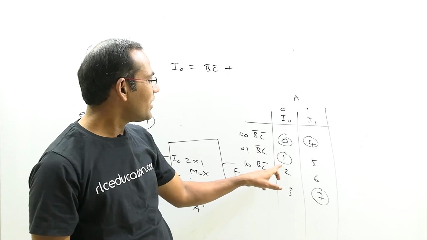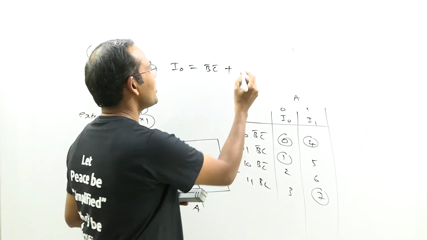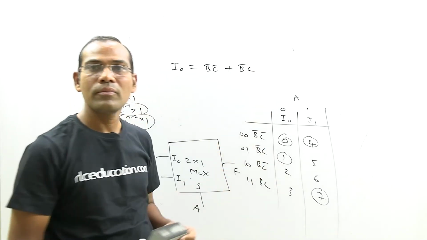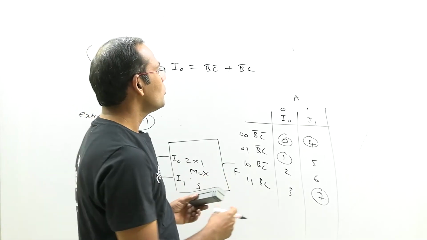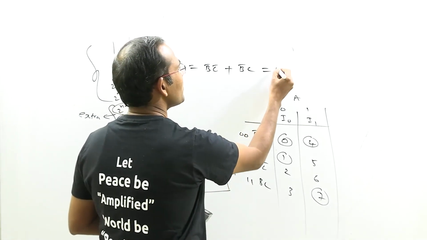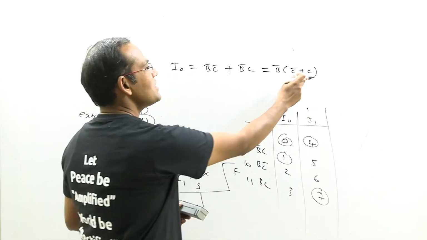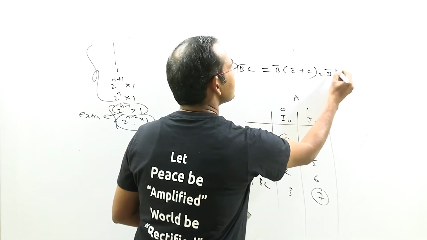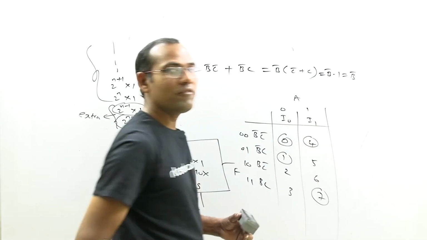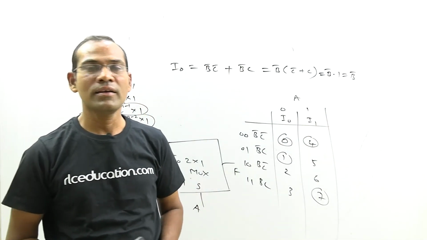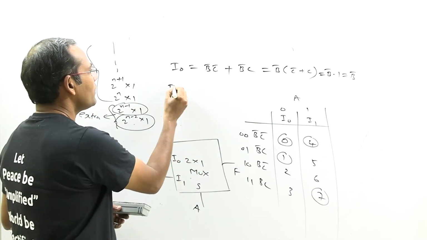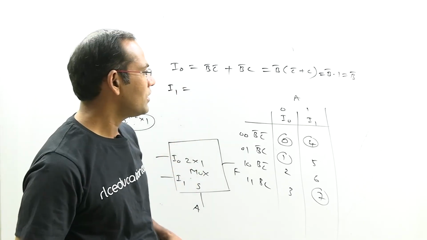And this is also circled, so write that one also: B bar C. We can simplify these two terms. B bar is common, and C plus C bar is 1. So after simplification, it will be B bar. That's about I0.